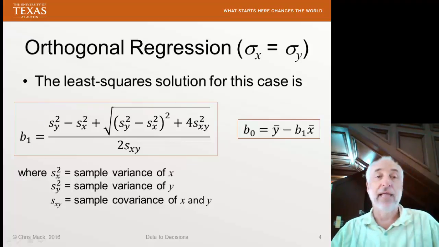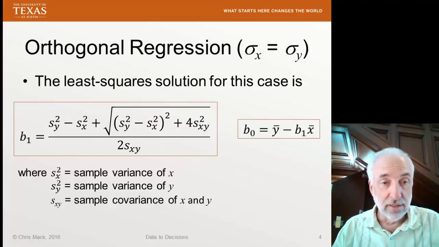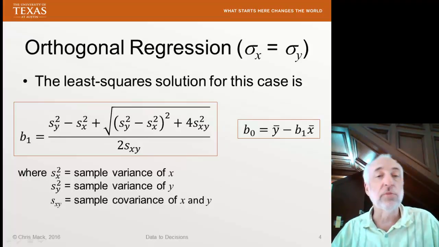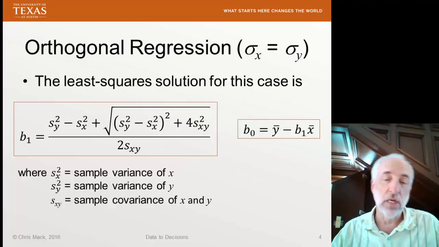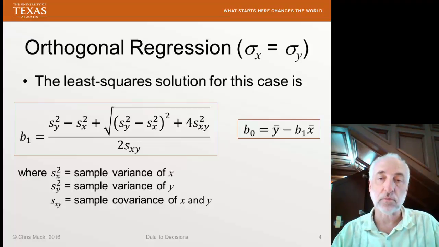Here's the equation. It has the variance in x, the variance in y, the covariance in x and y, all the same terms that we calculate anyways in doing our regression. And so it's simply a different formula for the slope.